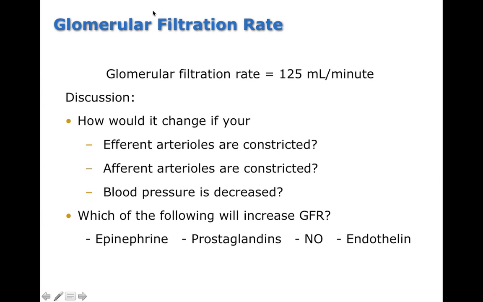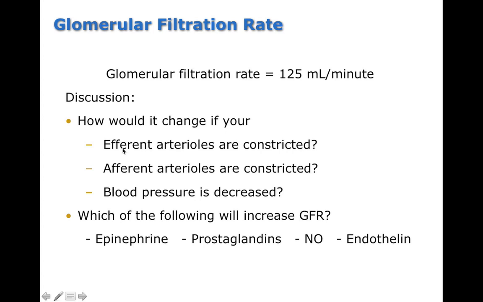So glomerular filtration rate just refers to the amount of filtrate we can produce in a given minute. And it turns out that our normal glomerular filtration rate is about 125 milliliters per minute. So this indicates normal values, but if it's too low, that can indicate disease. So this discussion question here says, how would it change if your efferent arterioles constricted?